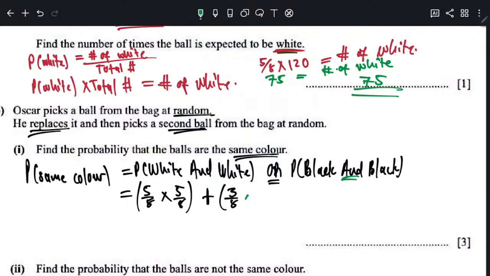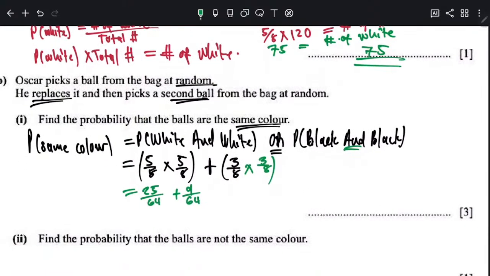And you say times, black in the second is also 3 over 8, which is going to be 25 over 64 plus 9 over 64. The top multiplies, the bottom multiplies. And what will you end up having? Over 64, you have 25 plus 9. And you end up having 34 over 64.